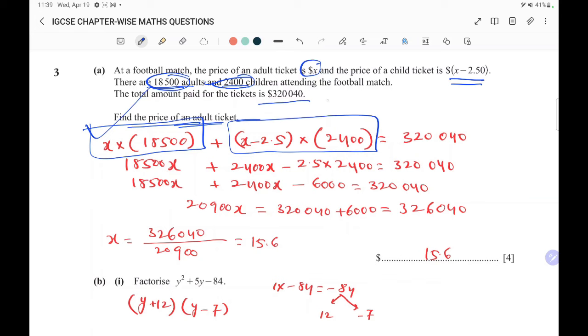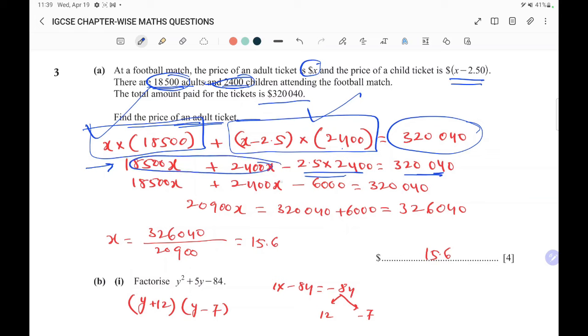So price of adult plus price of children will be the total price. So this is 18500x plus 2400x minus 2.5 times 2400, which is minus 6000, equals 326,040.